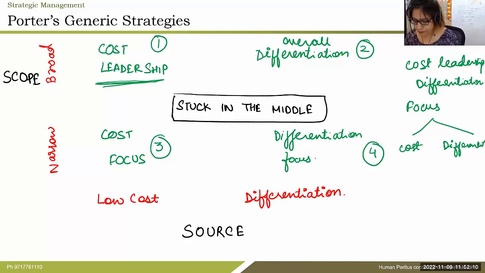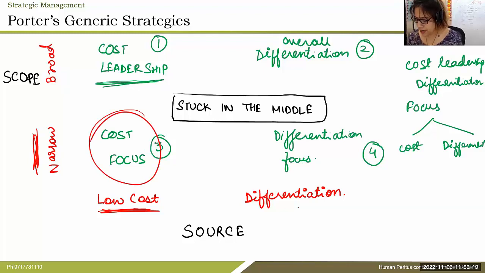See, when we are looking for low cost and a narrow market, low cost providers, narrow market, then we are cost focus. When we are looking for a differentiated product specifically for a specific market, then it is differentiation focus.